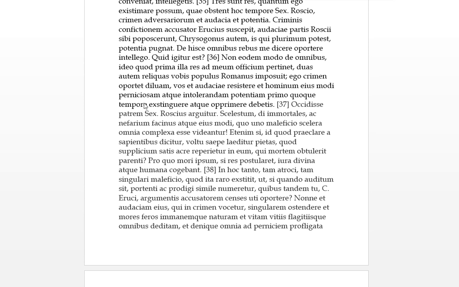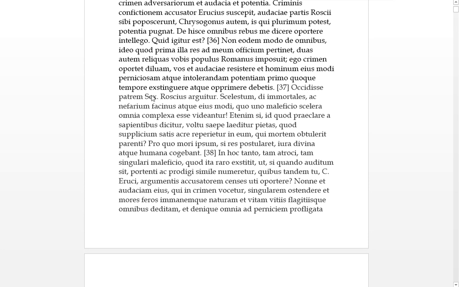Primo quoque tempore means at the first time. Debetis is the main verb, extinguere, to extinguish, and opprimere, which is to crush. At the first chance you get, you need to extinguish and crush the power of this type of man, pernicious and intolerable.